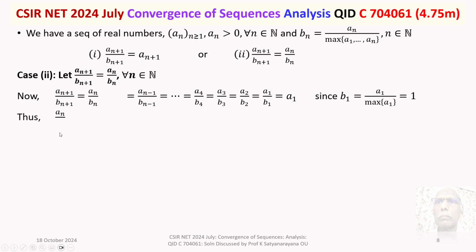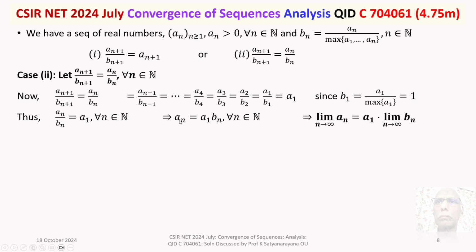Thus a_n by b_n is a1 for all n belongs to N. This implies a_n is equal to a1 times b_n for all n belongs to N. Taking the limits on both sides, the limit of a_n is a1, a constant, multiplied by the limit of b_n.